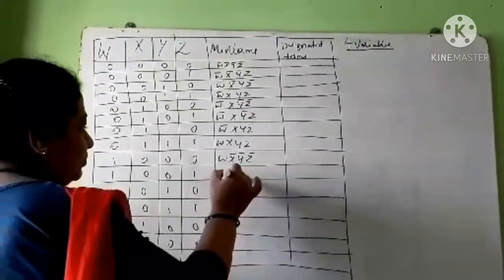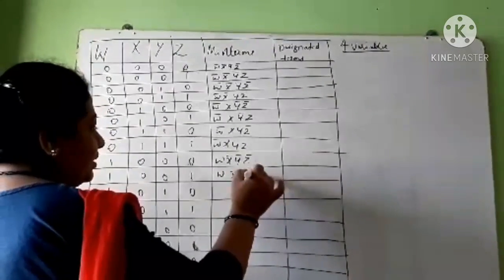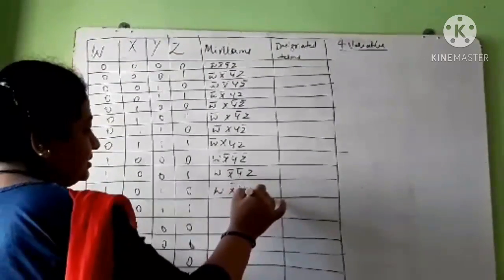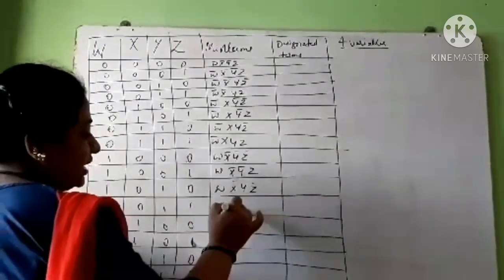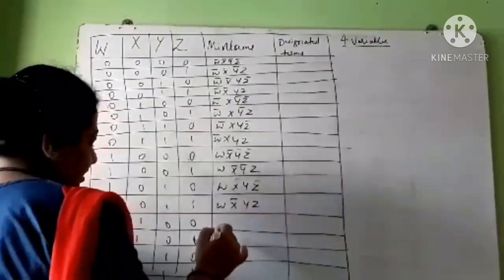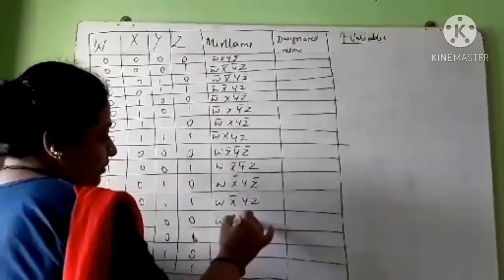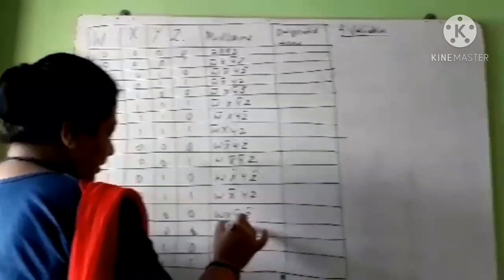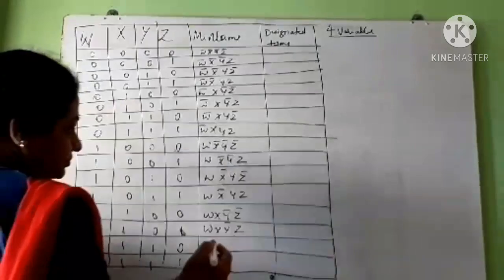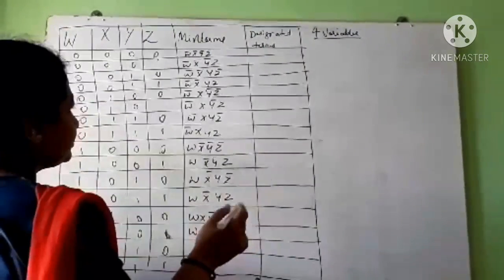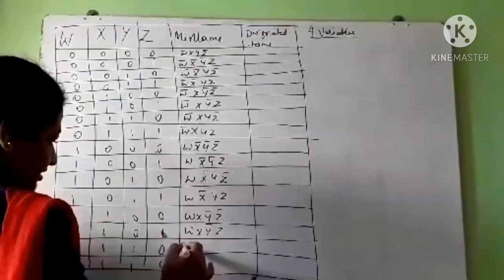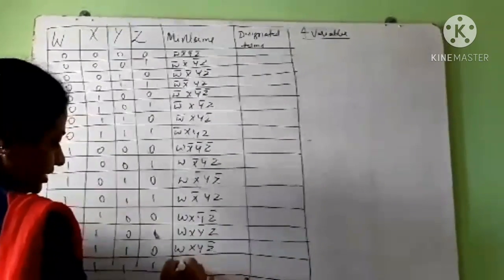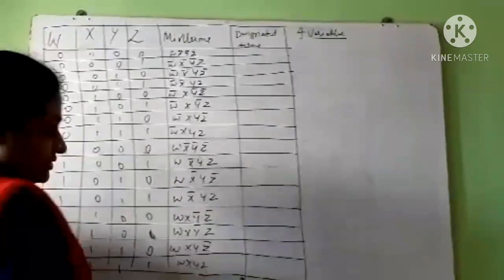Then W, X bar, Y bar, Z; W, X bar, Y, Z bar; W, X bar, Y, Z; W, X, Y bar, Z bar; W, X, Y bar, Z; W, X, Y, Z bar; W, X, Y, Z.